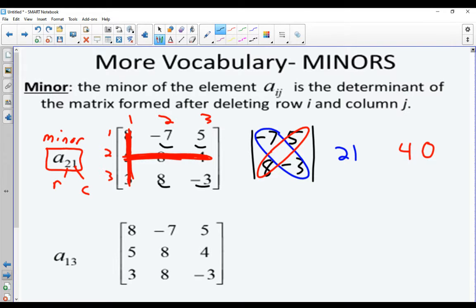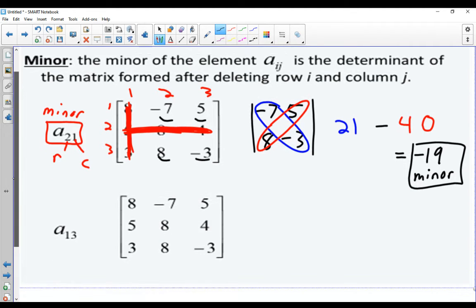Once you have those 2 numbers, subtract. 21 minus 40 should give you -19. And that is your minor. That's how you do it. Just going to double check this real quick to make sure I did it right. Row 2, column 1, downwards, upwards. Good. So that's the minor of that one.